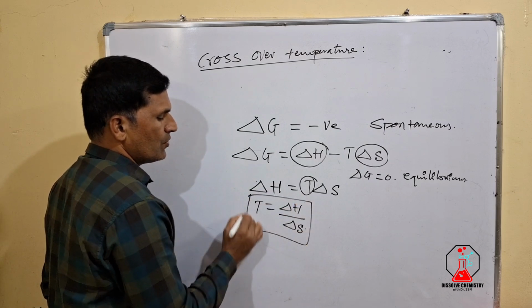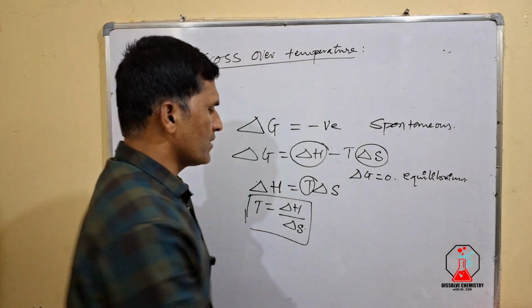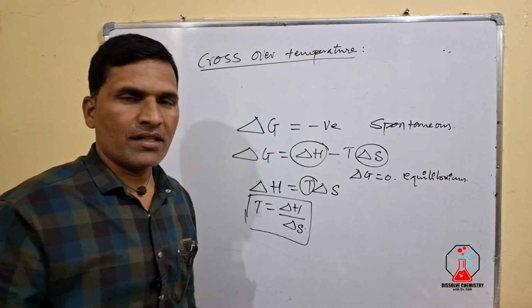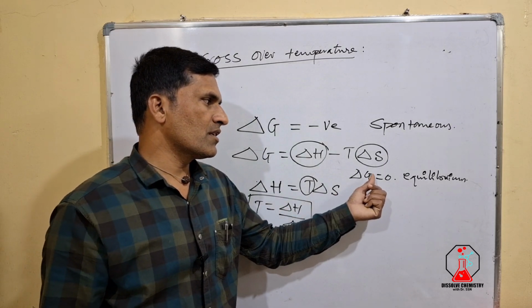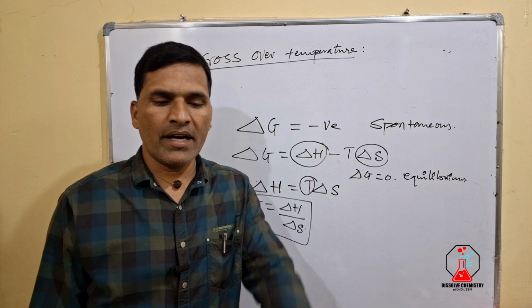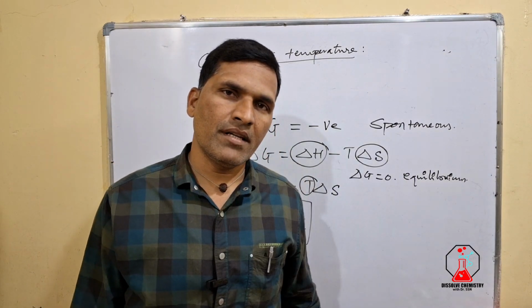The ratio of the change in enthalpy to the change in entropy is called the crossover temperature. Always remember, at this crossover temperature your change in Gibbs free energy will be 0 and your reaction or process will be at equilibrium.